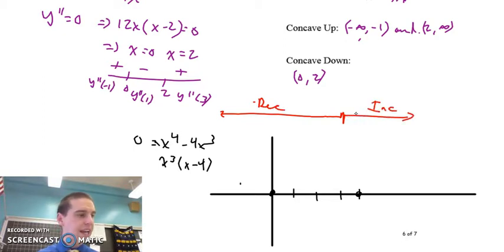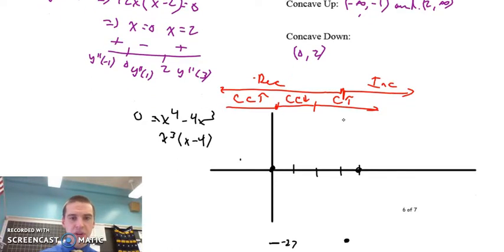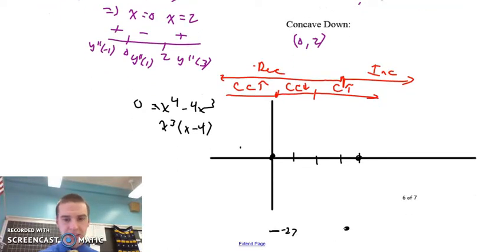And we know our concavity is changing right here. Concavity, we are up. From 0 to 2 down. And up after that. And so that's approximately what we know, and we just know that we have a 3, negative 27. So we're decreasing and concave up again.